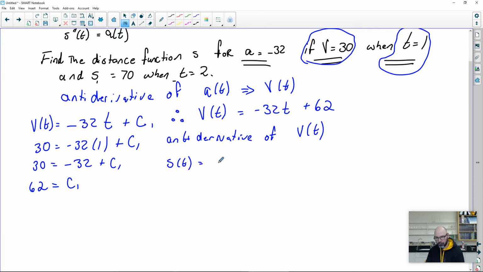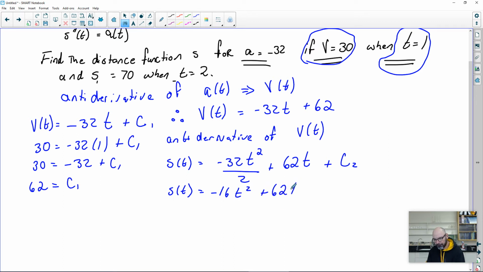So minus 32 t to the 1 power, 1 plus 1 is 2, over 2, plus 62 t, add 1 over 1, plus C2. So s of t equals negative 16t squared plus 62t plus the second constant.